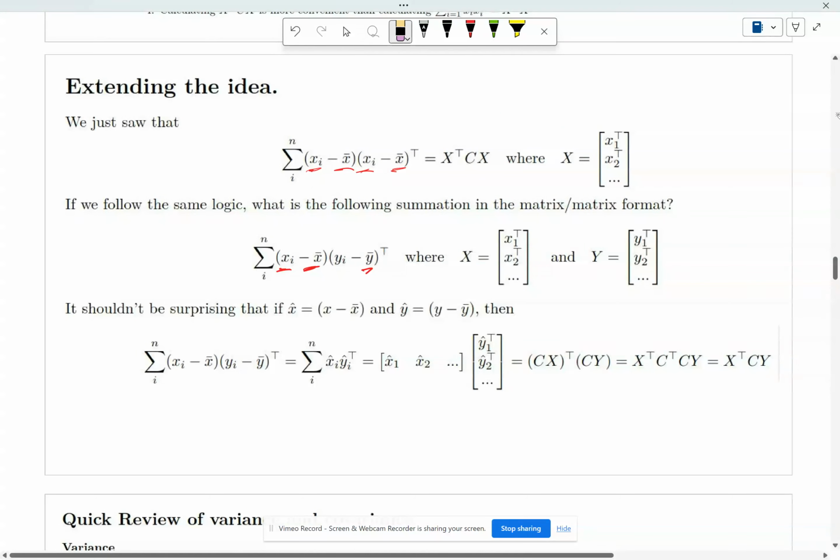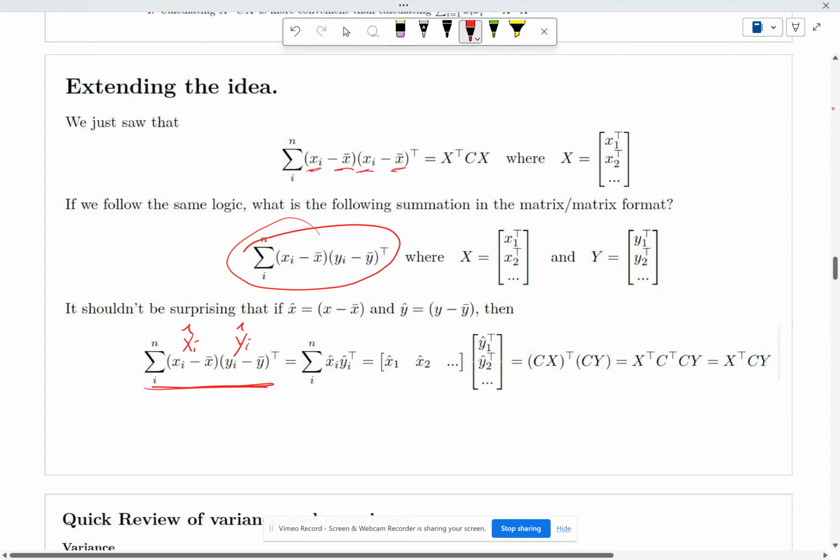So you should not be surprised that if we have this formulation, I'm going to write this as x hat i, y hat i. So that's equivalent to this here.